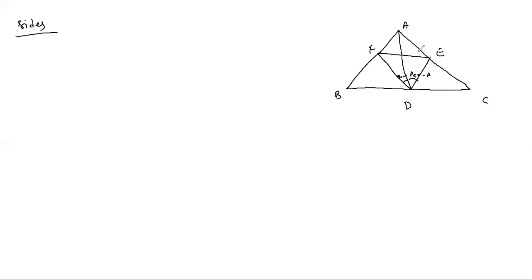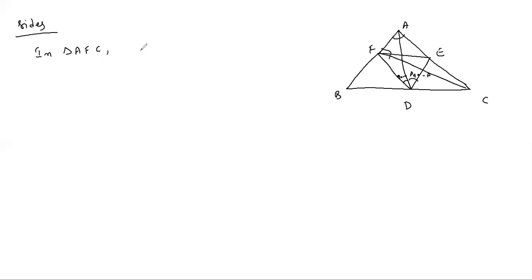So consider triangle AFC. In triangle AFC, by using this we find EF. First we consider triangle AFC, which is a right angle triangle. So this is the angle A.